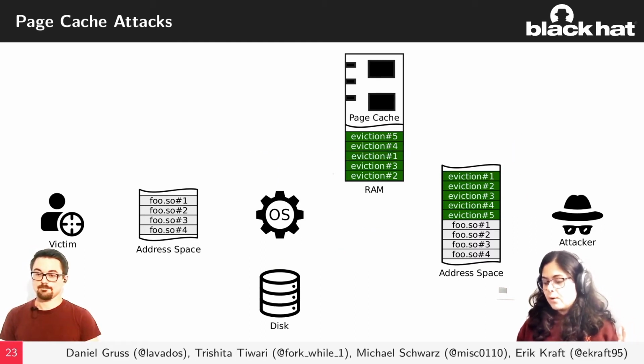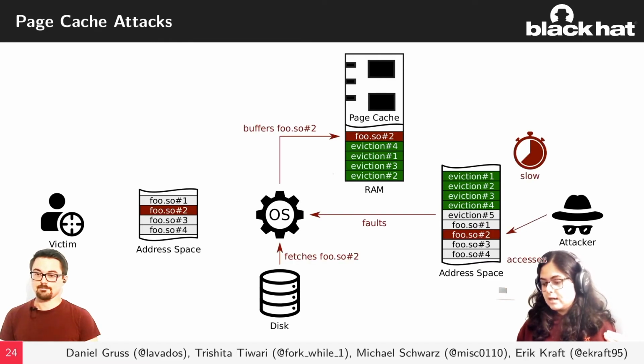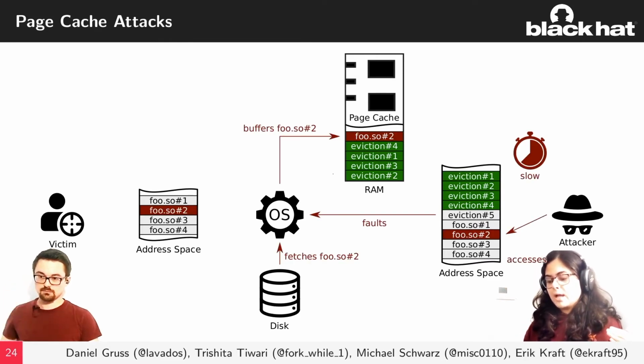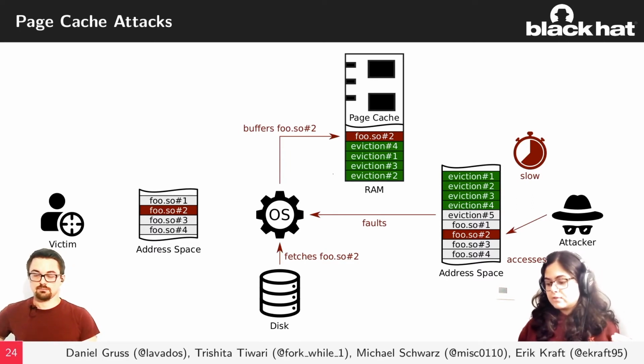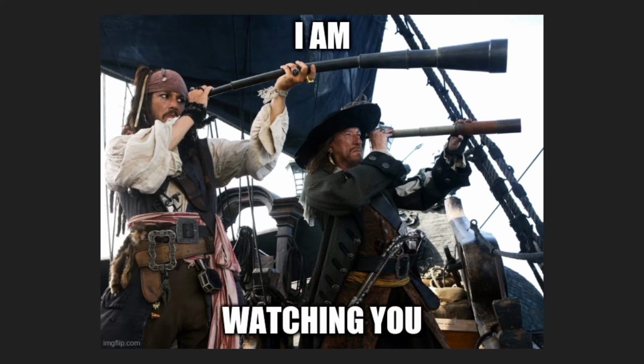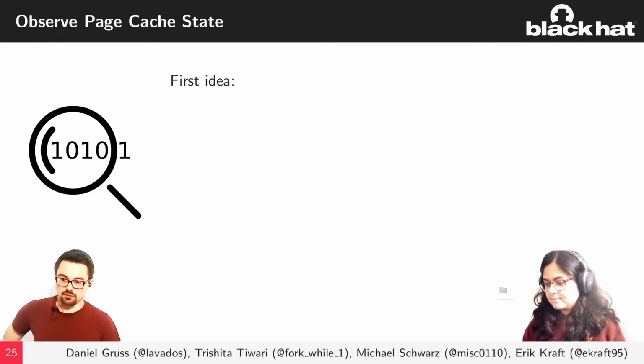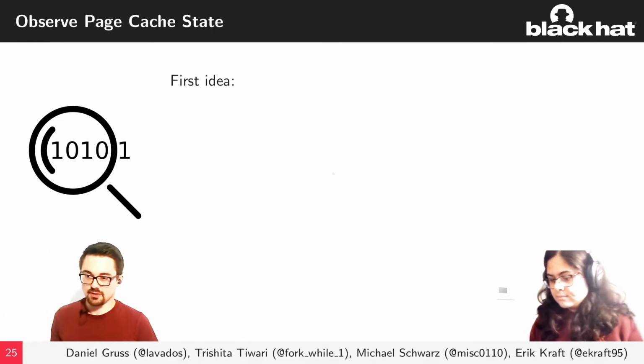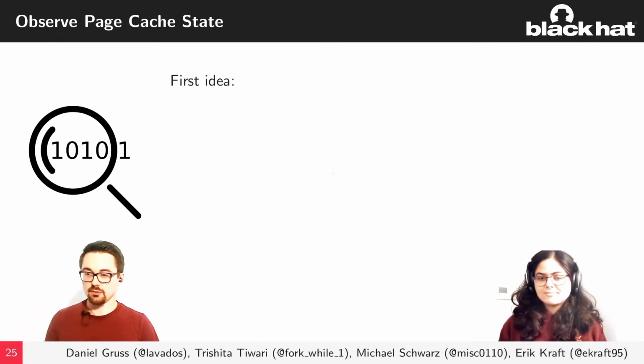So now we have that target page evicted. Again, if the victim accesses the page again, it will be fetched from disk and stored in the cache again. This way, the attacker can spy on the victim by measuring the access times of shared pages.